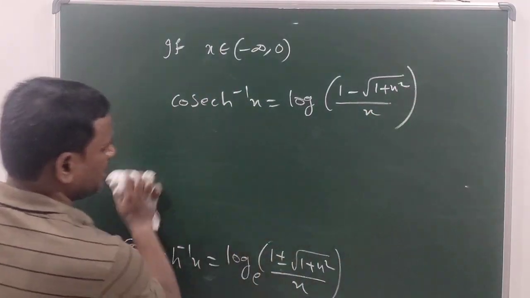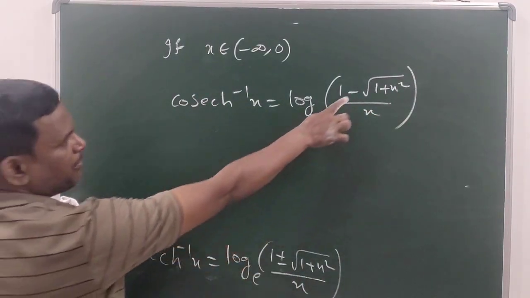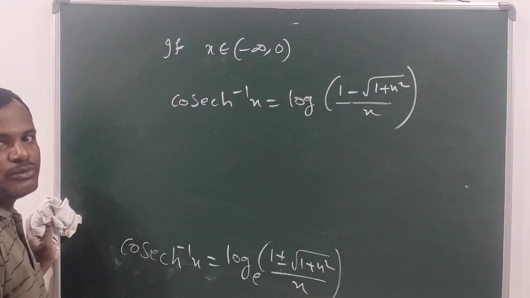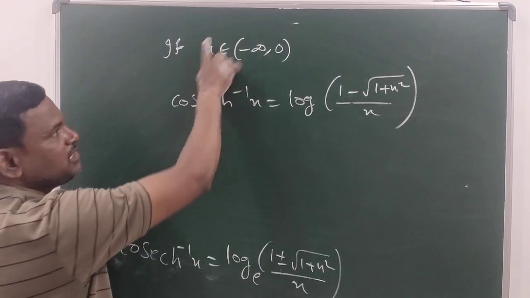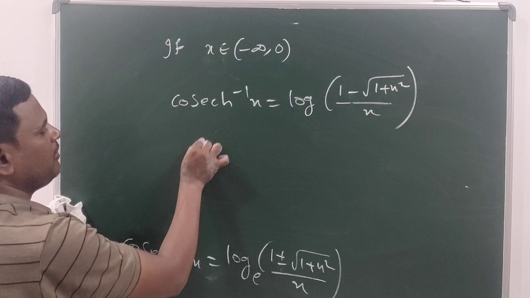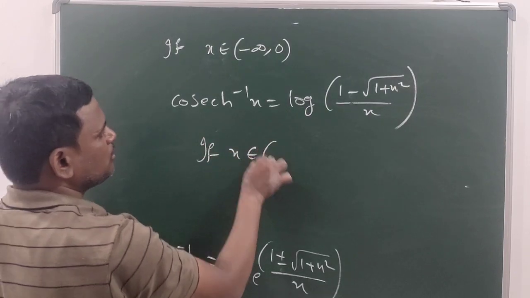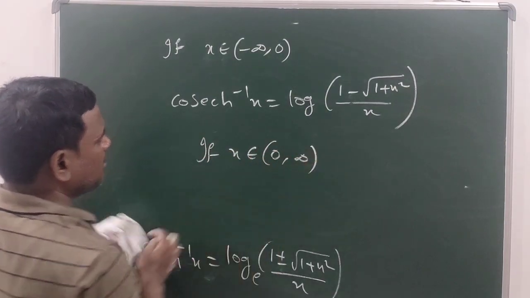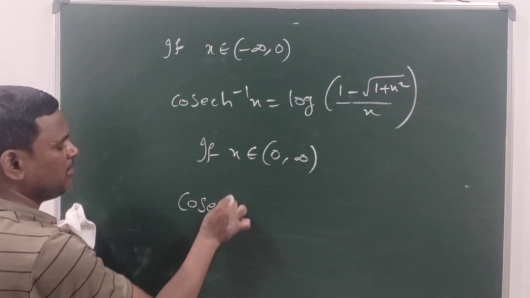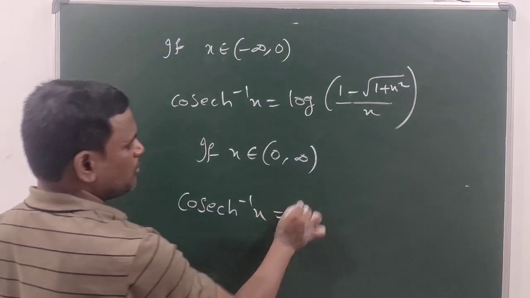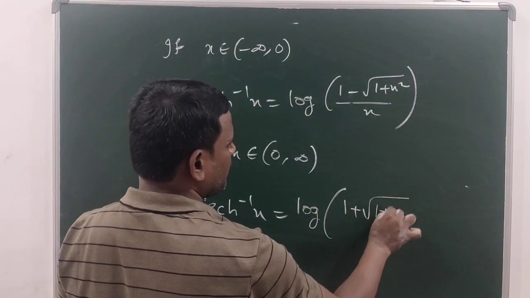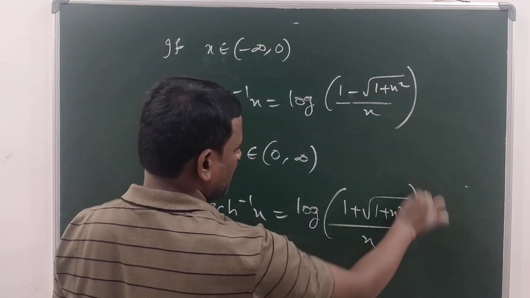And when you have to take minus, sorry, here minus we took in the minus infinity to 0. If x belongs to this interval, it is negative, so you have to prefer a negative symbol. And if x belongs to 0 to infinity, then your cosec h inverse of x result will be log of 1 plus root of 1 plus x square by x.